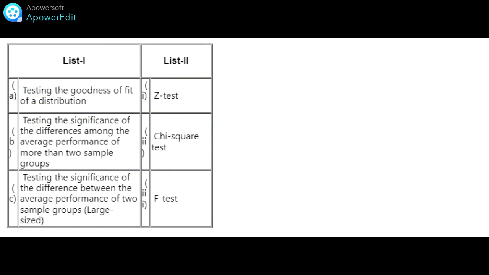Next question is match the items of list 1 with list 2. Z test, chi-square test, F test. Testing the goodness of fit is what? It is chi-square test. So A is 2.